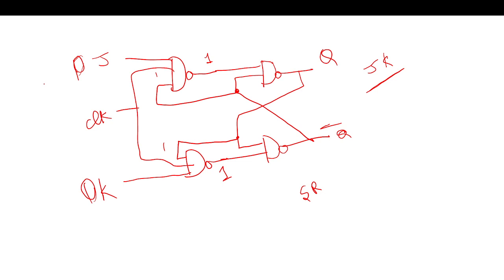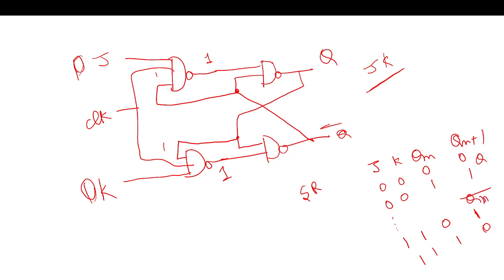You can see JK Qn plus 1 in this truth table. If it is 0, 1, we get the previous state. In the same way, if you have 1, 1, the output will be 1, 0, and you will get Qn bar here and Qn here. So we have removed the not allowed state in the JK latch.